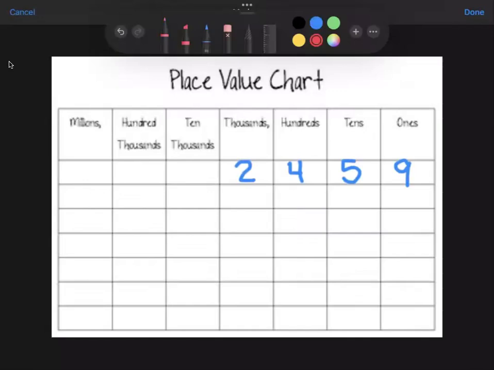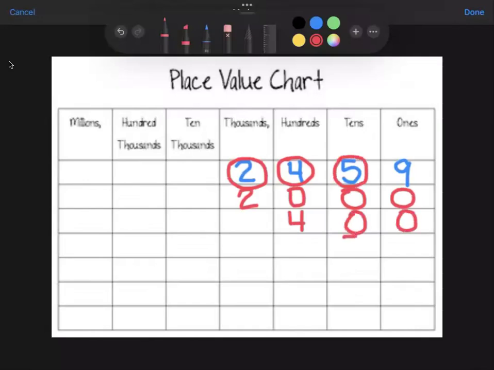Since we have a 2 in the thousands place, that has a value of 2,000. So I'm just going to put that here, 2,000. Then with a 4 in the hundreds place, that has a value of 400. With a 5 in the tens place, that has a value of 50. And with a 9 in the ones place, that has a value of 9.